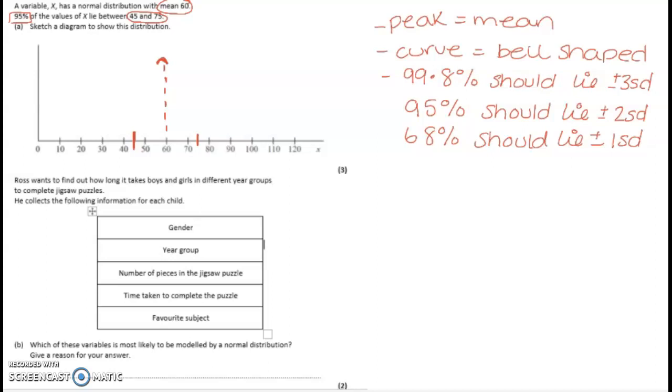I also need to make sure when I draw it, it looks like a bell, like this, and not a mountain like this. So I'm going to join them up something like this.